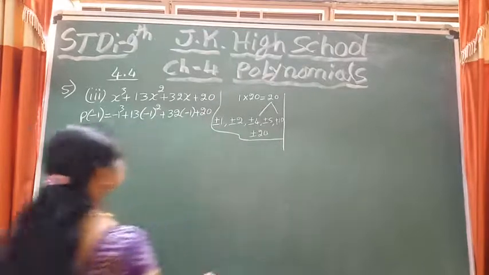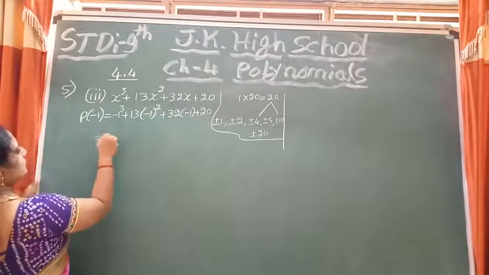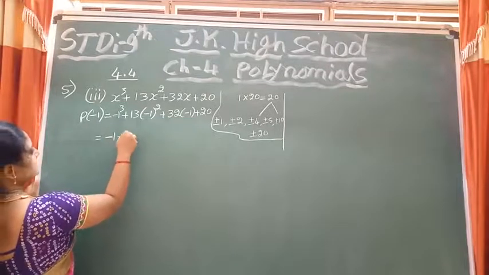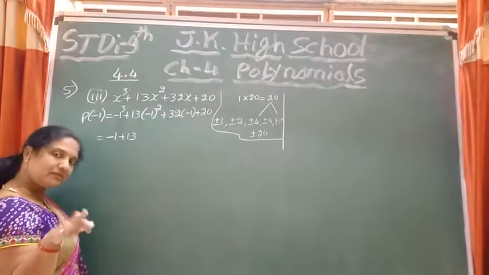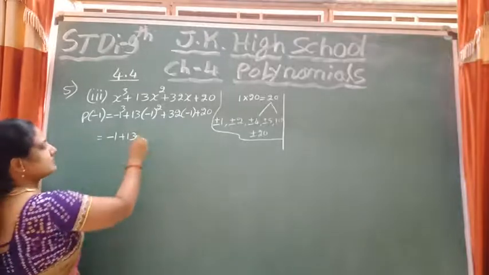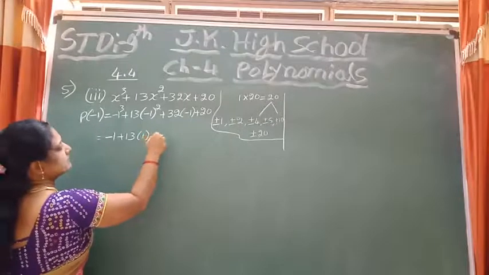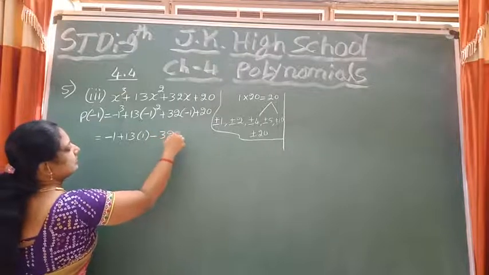Okay children, now you simplify this. Minus 1 whole cube is minus 1, plus 13 into minus 1 whole square. Minus 1 into minus 1, minus into minus is plus, 1 ones are 1 only, plus 1 becomes. Minus into plus is minus, 32 ones are 32, plus 20.